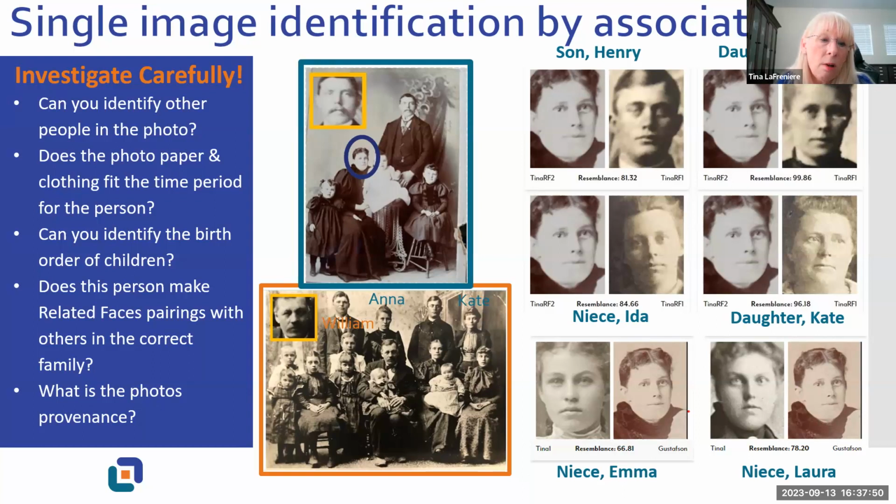To top things off, we had an added provenance: the photo was owned by a descendant of Anna, the oldest child. It makes sense that the oldest child would inherit the photo of her mother. We have also no doubt now that this is a photo of Henry, Eleanor, Anna, Kate, and Bill.